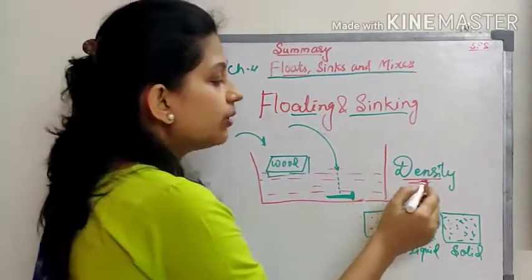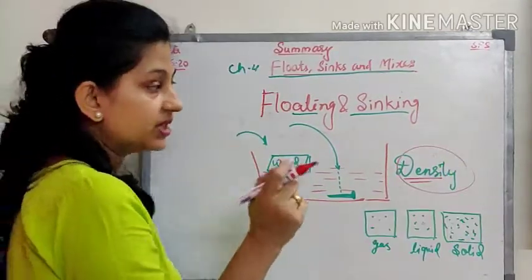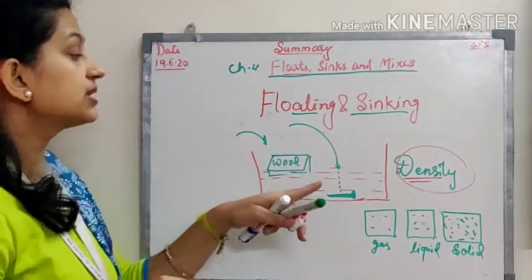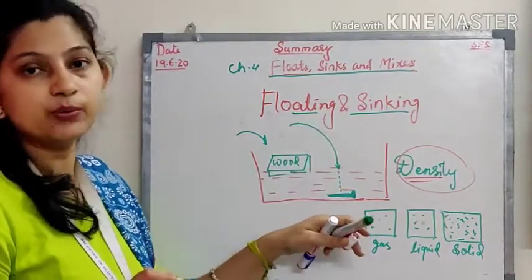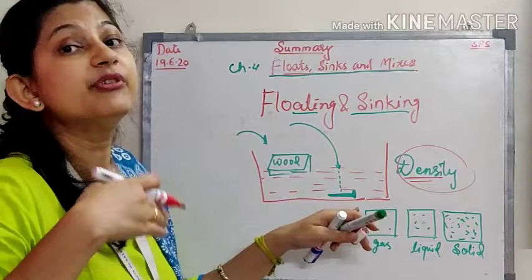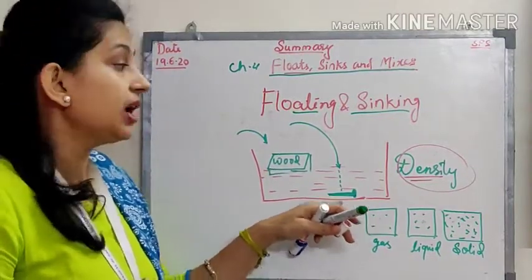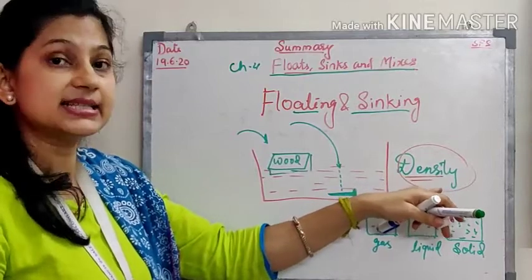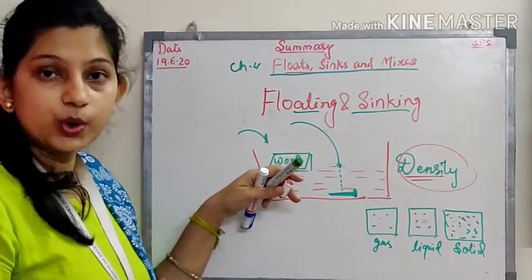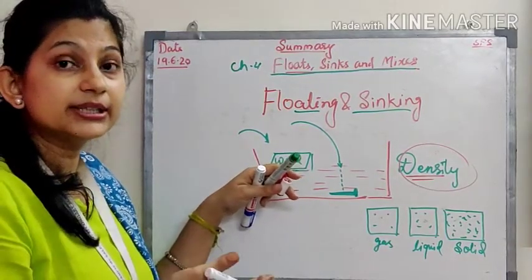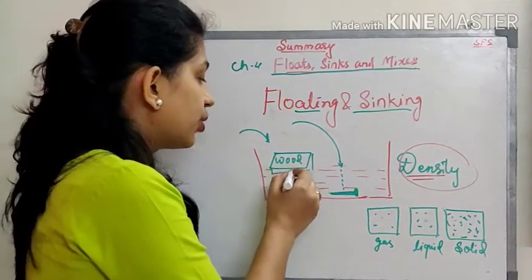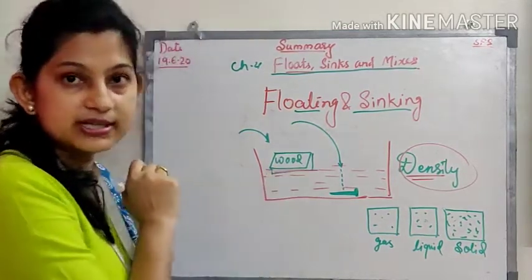Any substance whose density is more than water, that means it is heavier than water, will sink down. And any substance whose density is lesser than water, that means it is lighter than water, is going to float on the surface.